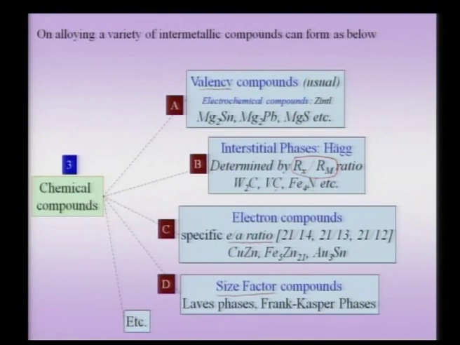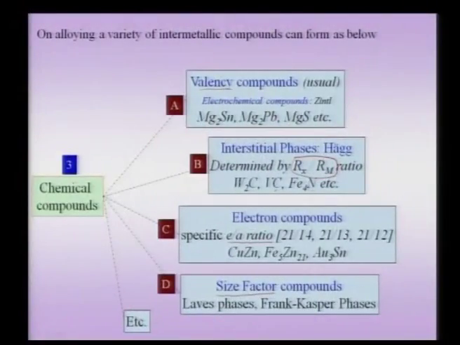Okay. And when I am trying to rationalize the formation of many of these compounds, I identify some of the important contributions to their formation, and this could include some very well known principles like the usual principles of valency, or the electron contribution coming in a different form, which is the electron per atom ratio. It could be just size factor, or it could be a radius ratio explicitly stated.